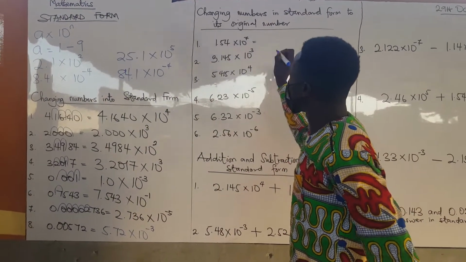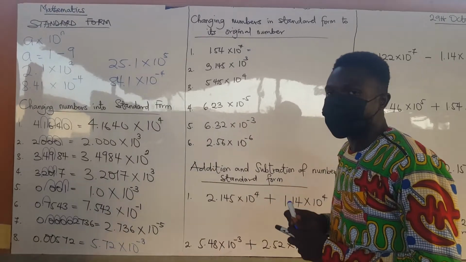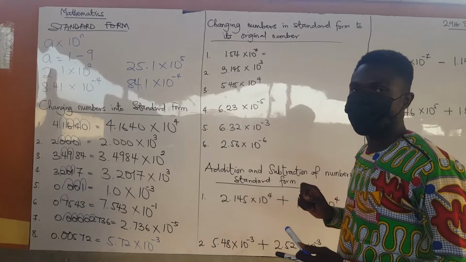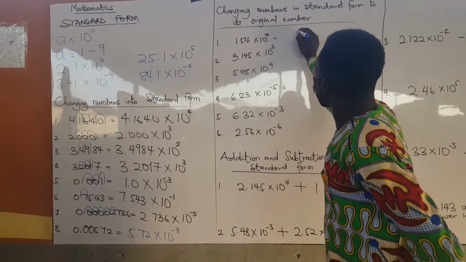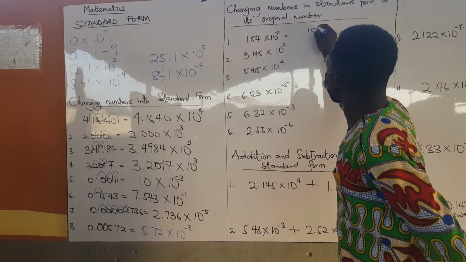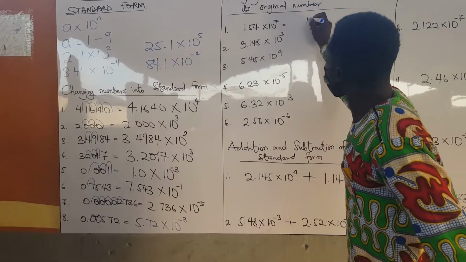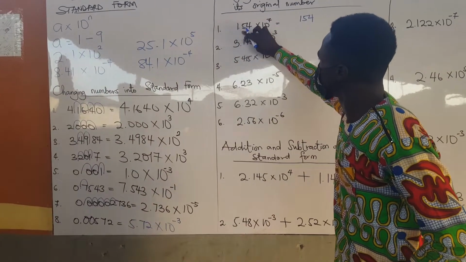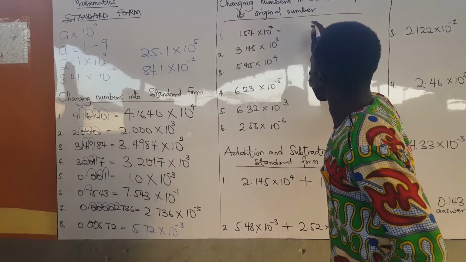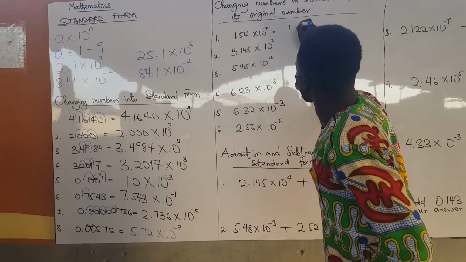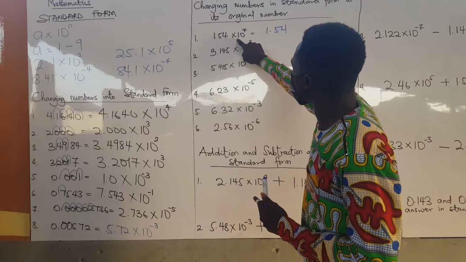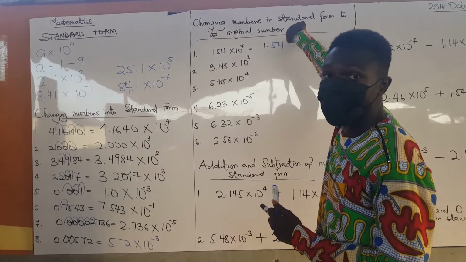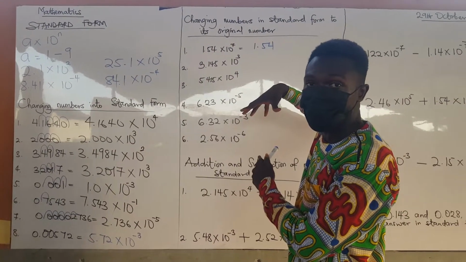When you look at the power of 10 here, it is positive. So I have 1, 5, 4. The number that I'm having here is 1.54. I'm to change this number into its original number.